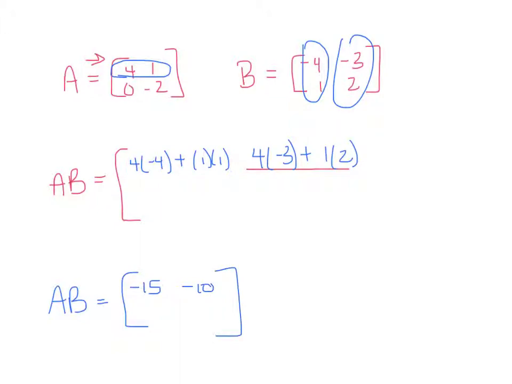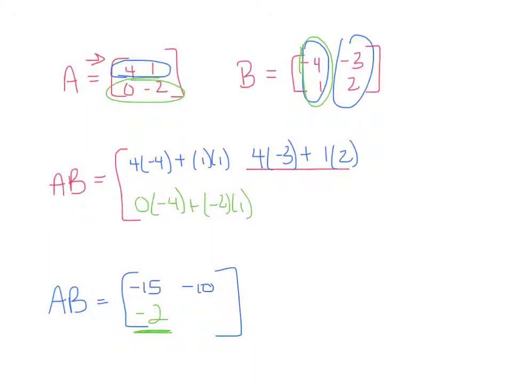So now I'm on the second row, and I'm going to do second row, first column, because this entry here is the second row, first column. So we're going to do 0 times -4 plus -2 times 1, which is -2.